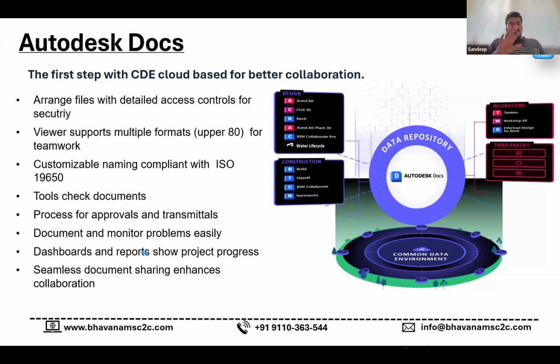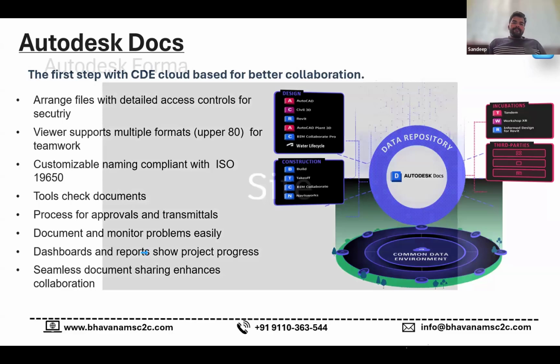If the documents are on the cloud and everybody has access, then obviously we will have the latest information with everyone. So there will be a lot of improvement in the transparency and collaboration of all the project teams. That is Autodesk Docs, which is very suitable for collaboration.